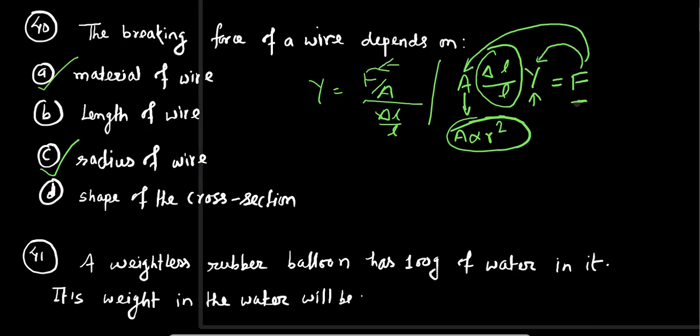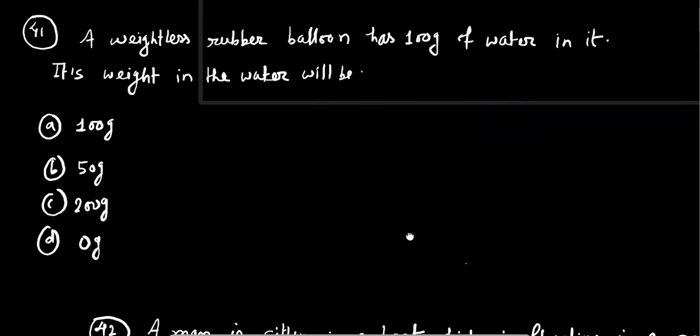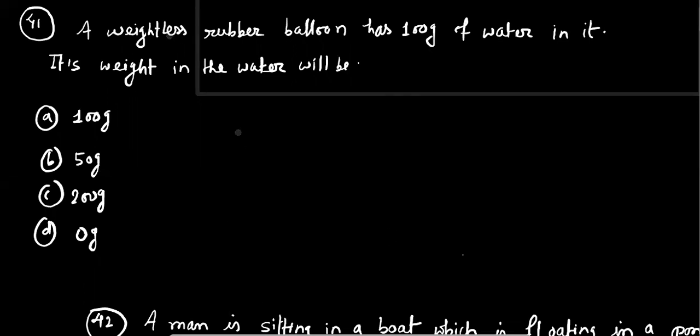Now we are going to discuss question number 41. A weightless rubber balloon has 100 gram of water in it. Its weight in the water will be. Quite an interesting question. We have to think about it, because here we have to find the weight of water in water, ignoring the weight of the balloon, a weightless rubber balloon.